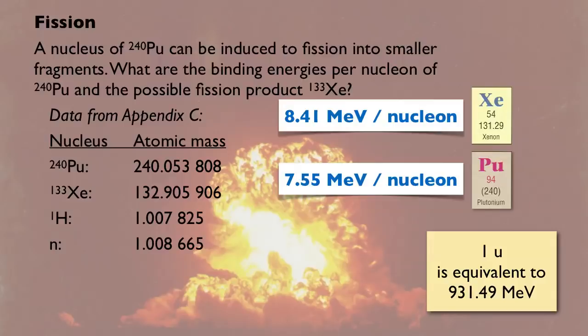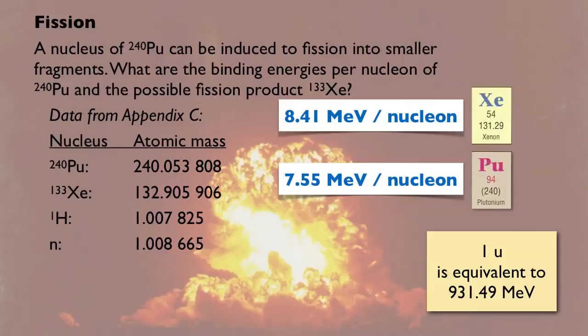for plutonium, I get 7.55 mega electron volts per nucleon. For xenon-133, I get 8.41 mega electron volts per nucleon.